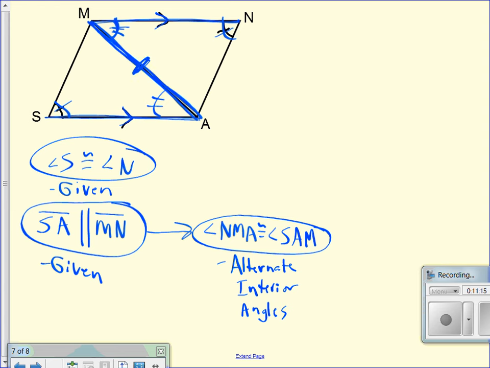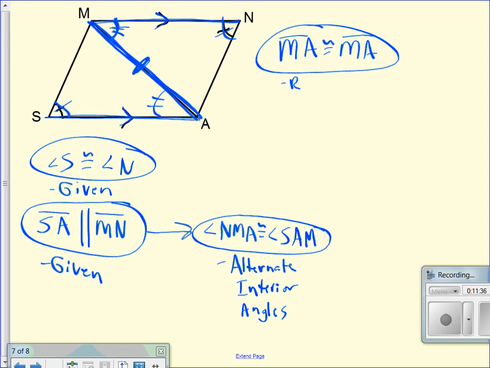So let's state that. I can put these bubbles anywhere, notice, because of the arrows. I can organize my thinking in any way I really want to. That's why you see some people go from up to down or left to right, whatever. So I'm going to say MA is congruent to MA. I could have named it AM, whatever. That is, again, my reflexive property.